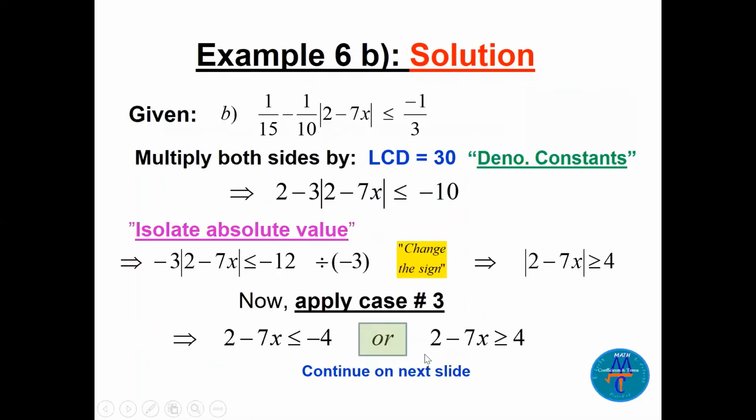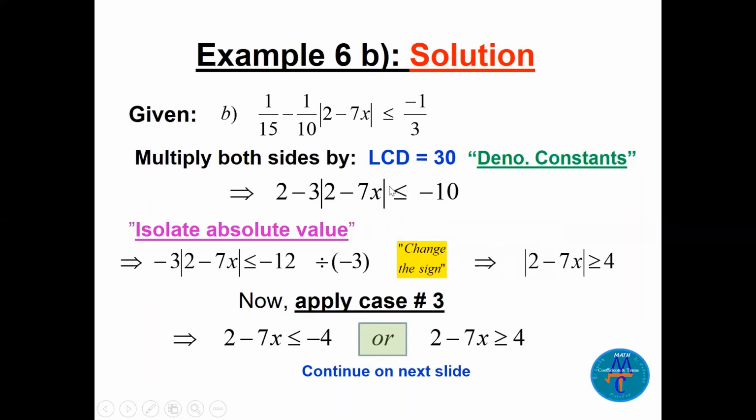You have to find the LCD because it's constant. The LCD here is 30. So multiply by 30: 1 over 15 times 30, see, 2. 30 times 1 over 10, that's minus 3. The absolute value, we don't touch now. Less than 30 times minus 1 over 3 is minus 10.